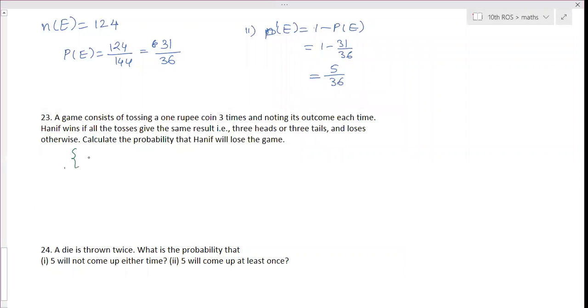A simple method I told you already: T and H, then you graph it, TH, TH. First, second, third coin. How to write? Start with H.